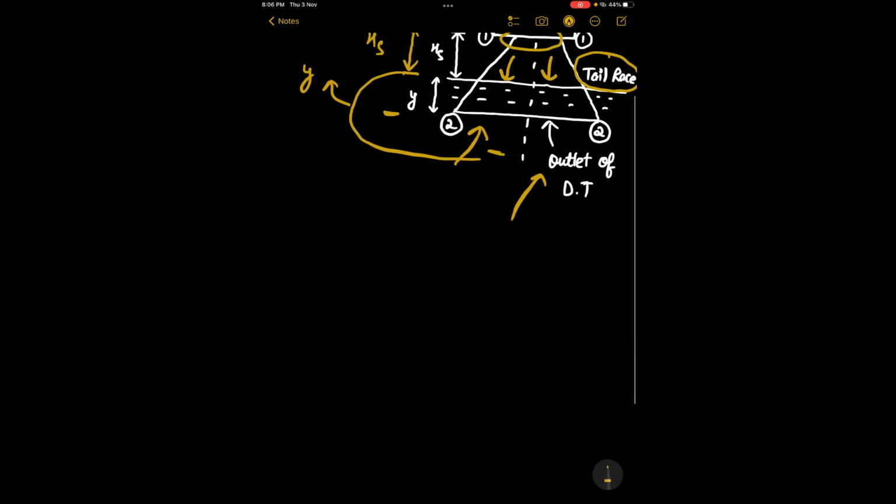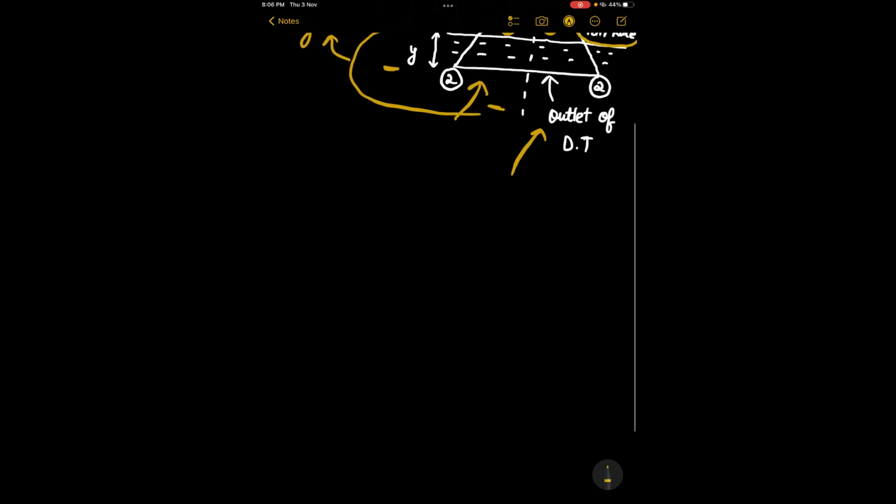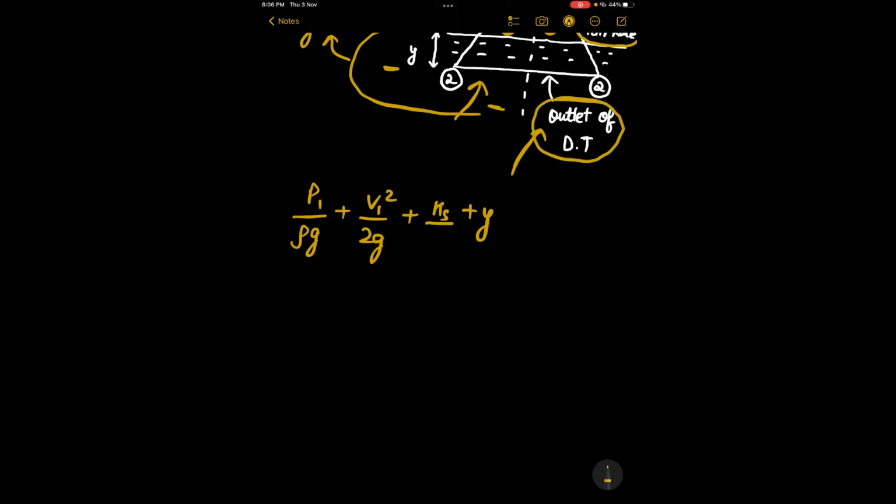So we apply Bernoulli's equation, I get P1 by rho g plus V1 square by 2g plus hs plus y, where we are choosing the outlet of the draft tube as a reference, which becomes equal to P2 by rho g plus V2 square by 2g plus some frictional head loss.